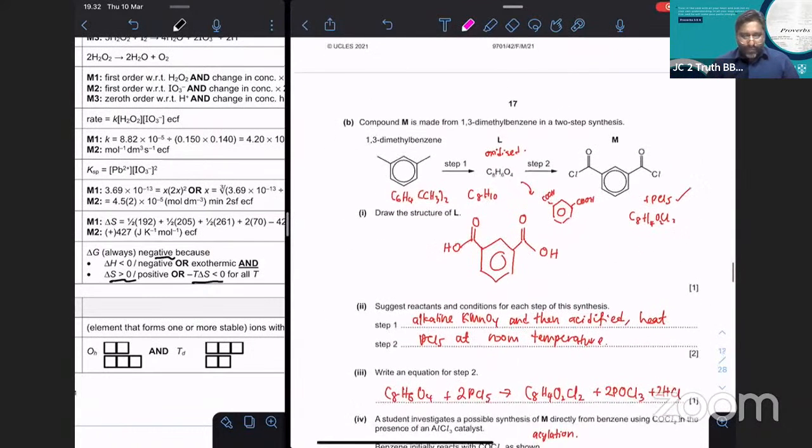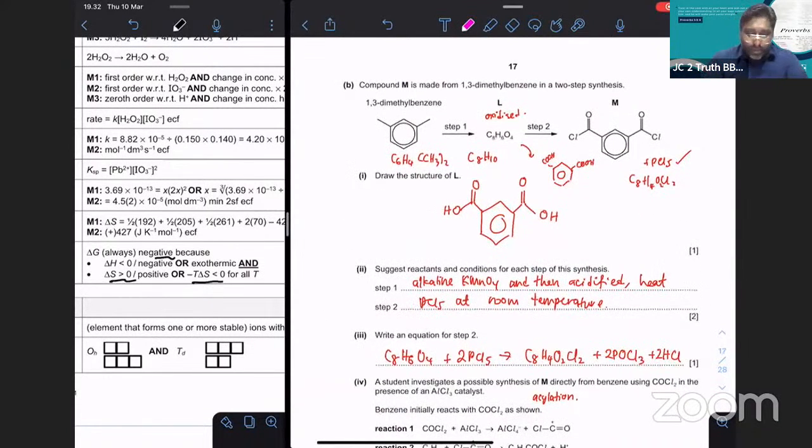Now, if we move on, the compound M is made from 1,3-dimethylbenzene in a 2-step synthesis. If you look at this compound, there are 2 parts. I just put C6H4, and then you have CH3. If I join them together, I know that this is going to be C8H10, and from this C8H10 you are going to get C8H6O4.